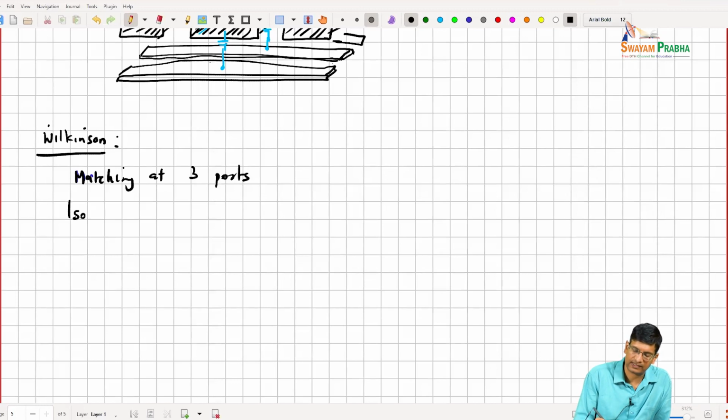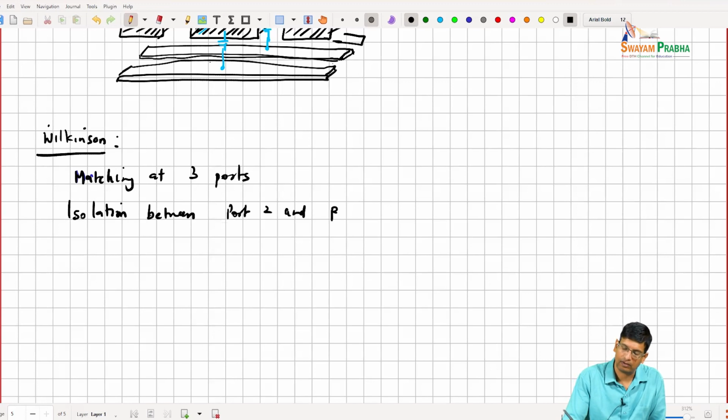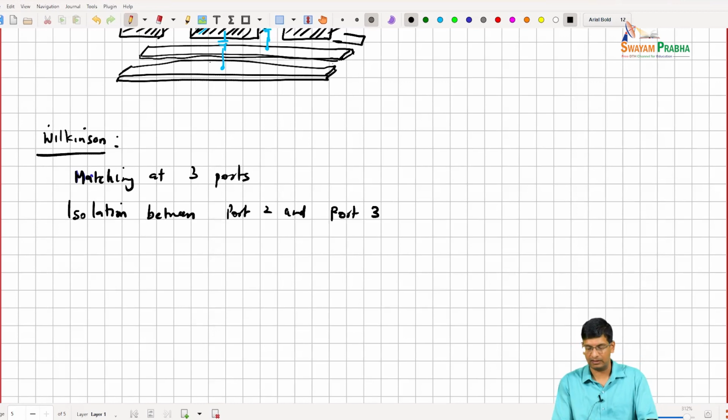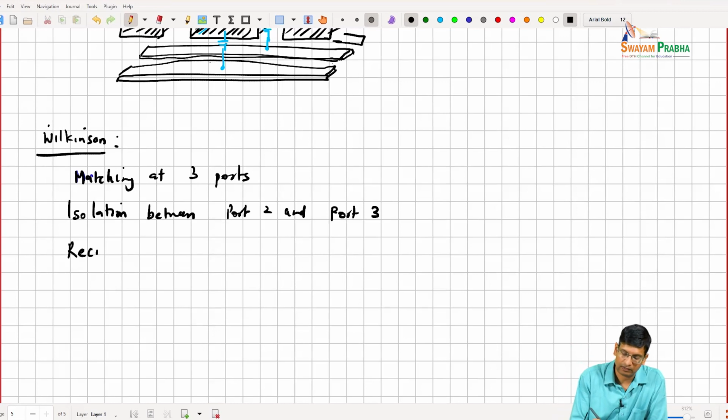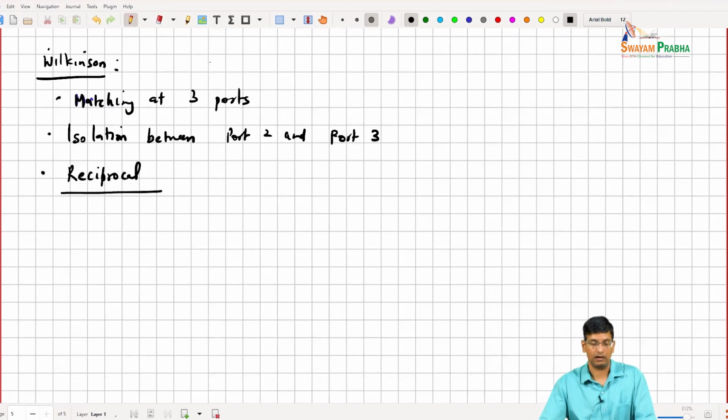And then it provides isolation between port 2 and port 3, right? Which is useful when we are using it as a power divider or combiner. The Wilkinson is a reciprocal circuit, right?